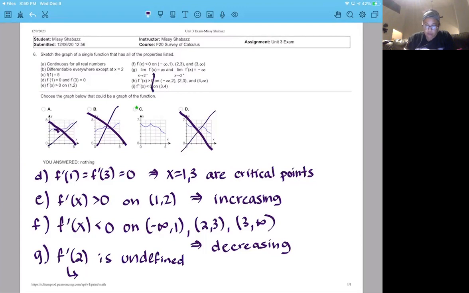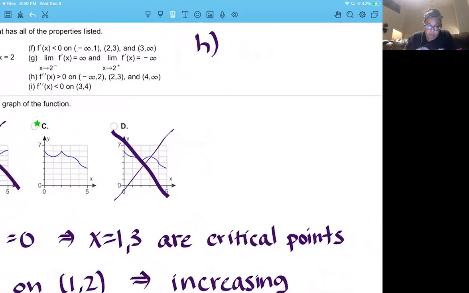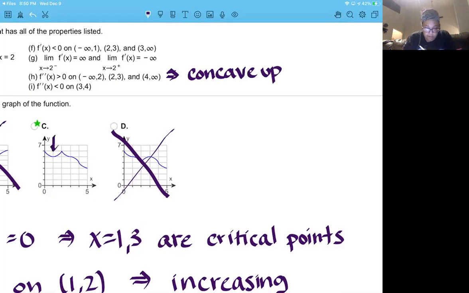Now on part H, it says f double prime is greater than 0 on negative infinity to 2, 2 to 3, and 4 to infinity. That means on those intervals, it's concave up. All right, so from negative infinity to 2, definitely concave up.